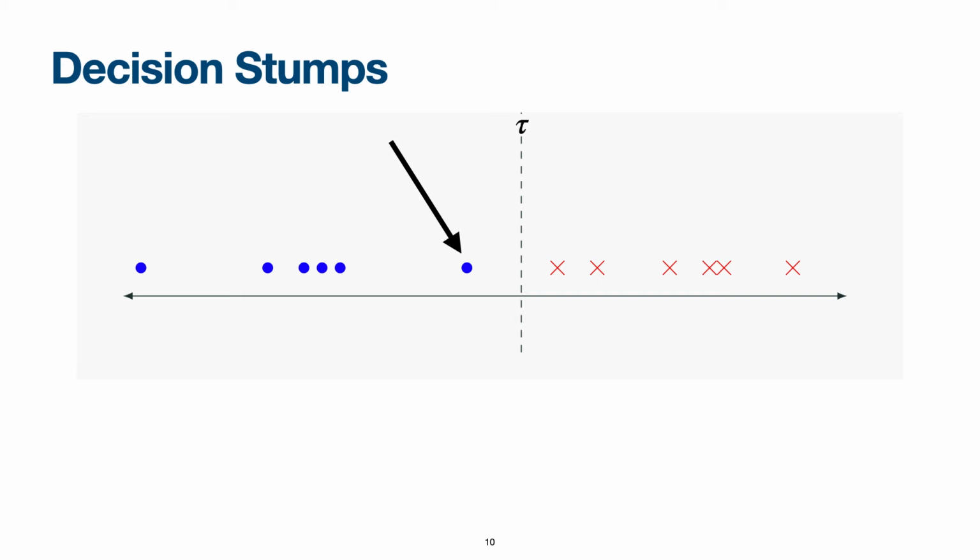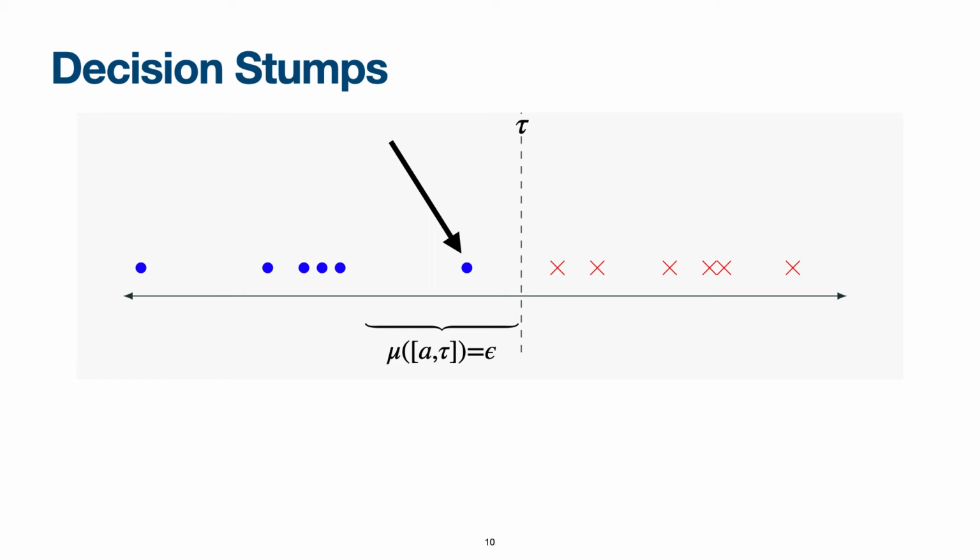A standard intuitive proof goes like this, to prove that this algorithm in fact has this property. Now, if we're trying to achieve some accuracy epsilon, let's consider the region of the real line that goes from some point A all the way to tau, and which has probability measure epsilon.